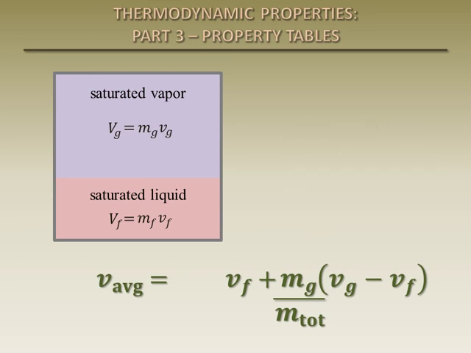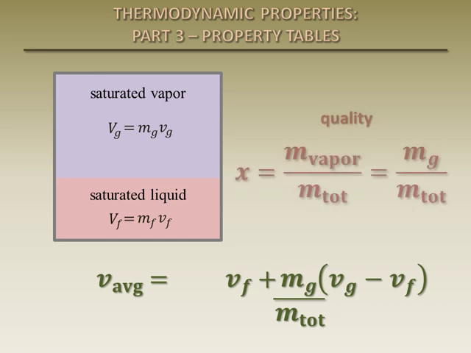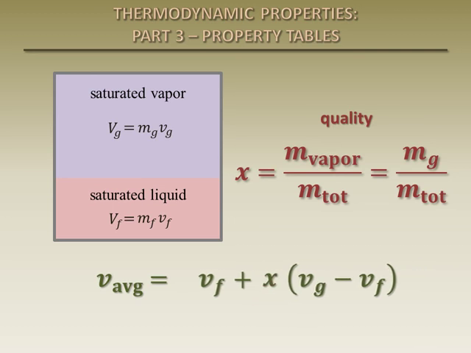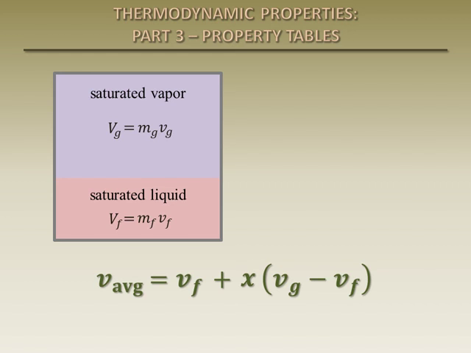We recognize now that the mass of the vapor over the total mass is, by definition, equal to the quality of the mixture. Finally, we define the property vfg as the specific volume of the vapor minus the specific volume of the liquid.